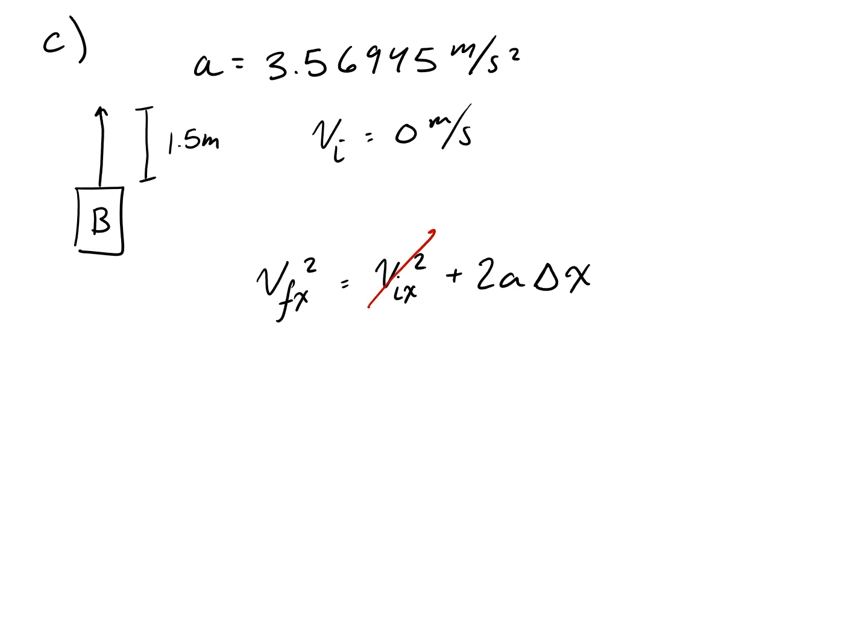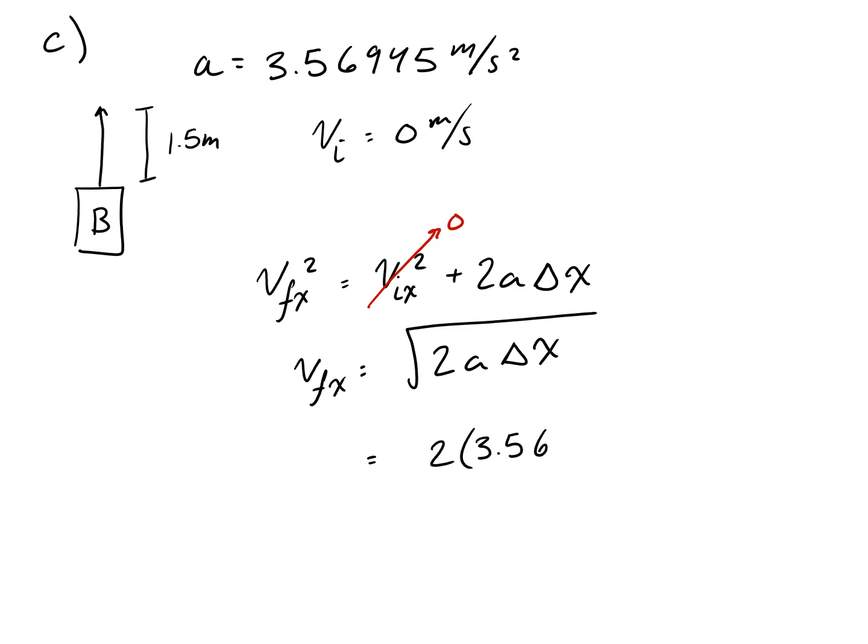Again, we know we're starting from rest, so that's going to be 0. So to solve for the final velocity, I'm just going to take the square root of 2a delta x. I have all these numbers. I can just plug them into a calculator and go ahead and solve.